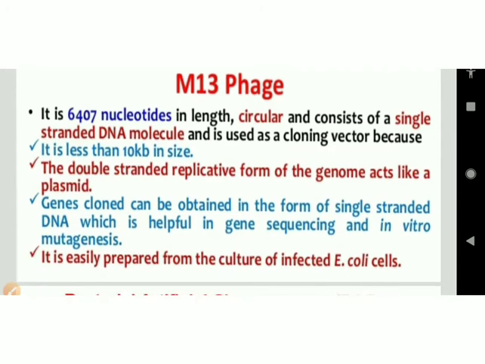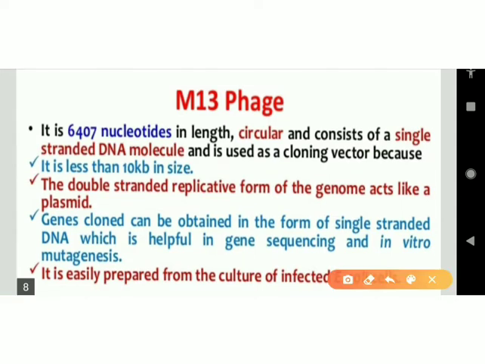Then the M13 phage. It is 6407 nucleotides in length. M13 phage is circular and consists of a single-stranded DNA molecule. That is important. The M13 phage contains a single-stranded DNA molecule.